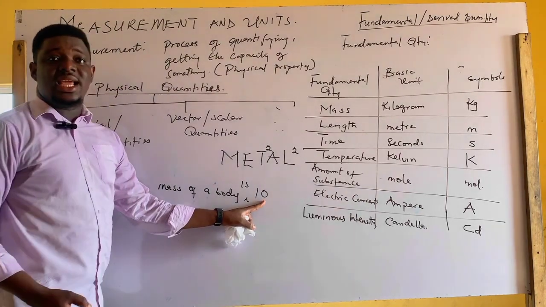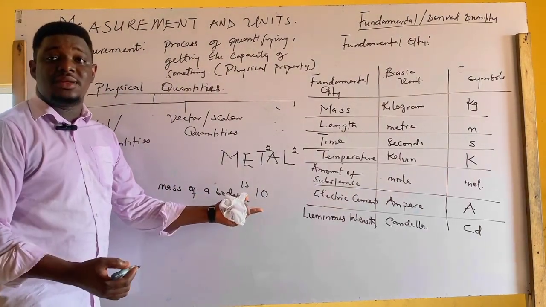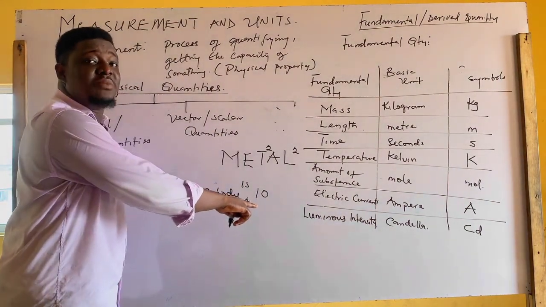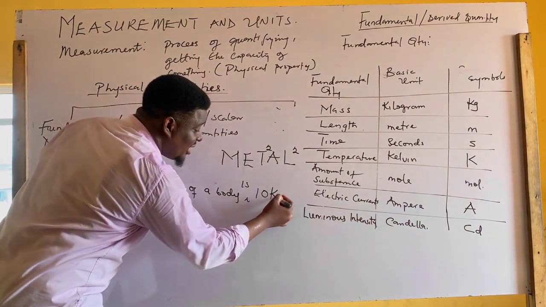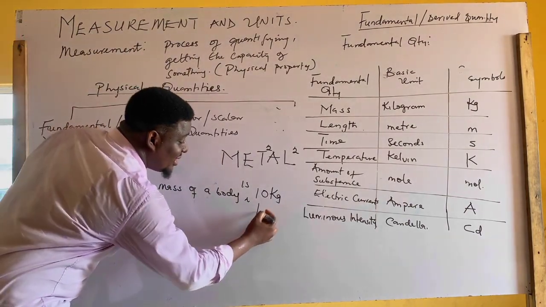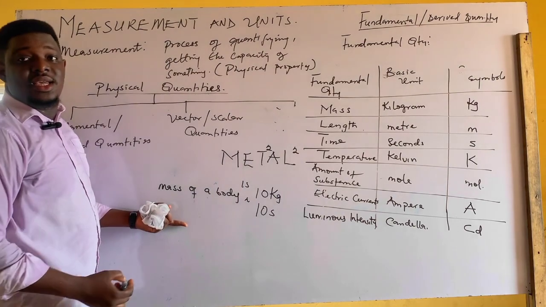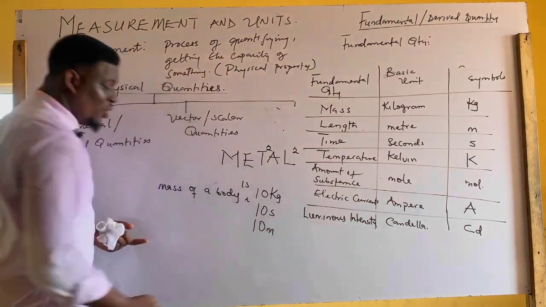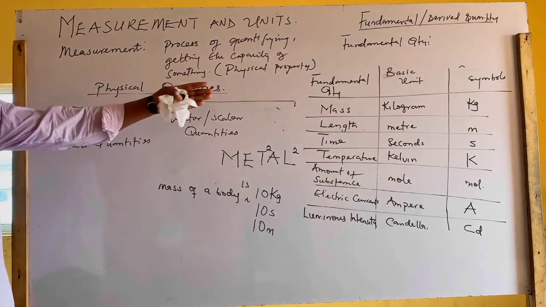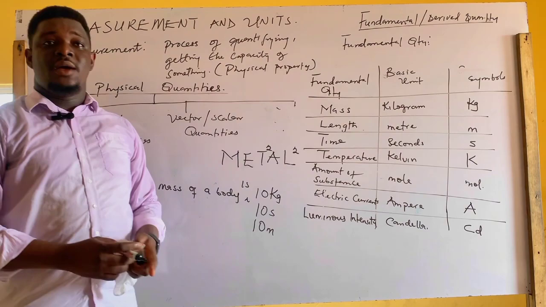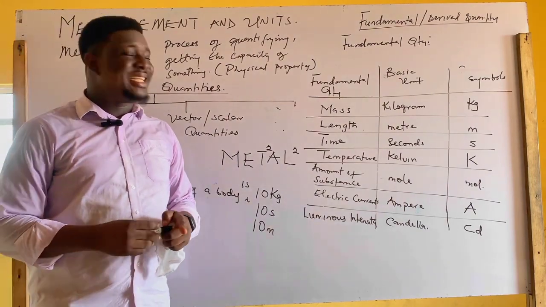This 10 can mean 10 kilograms, 10 seconds. So for me to identify that I'm talking about the measurement of mass, I put kg. If I want to talk about time, I put 10 seconds. If I want to talk about length, I put 10 meters. These are all physical quantities, and these physical quantities are fundamental.